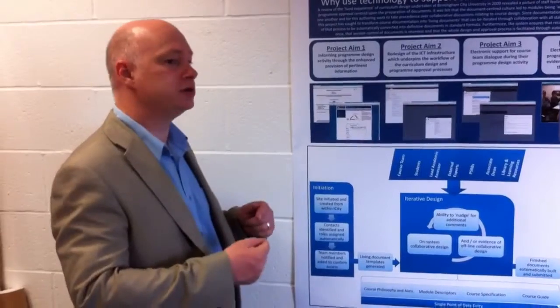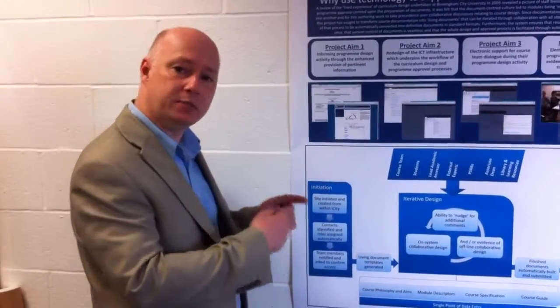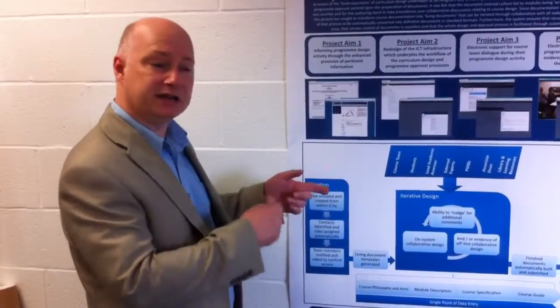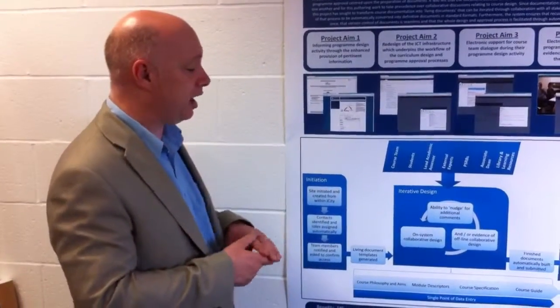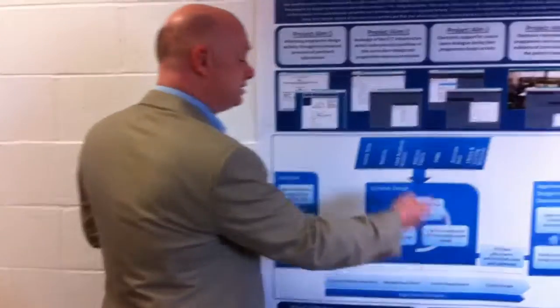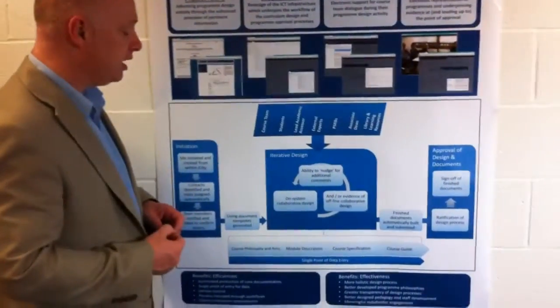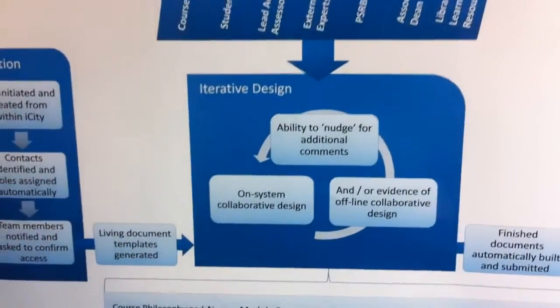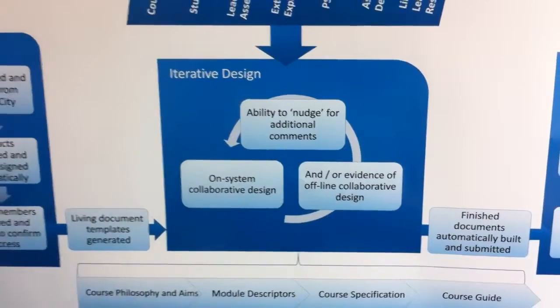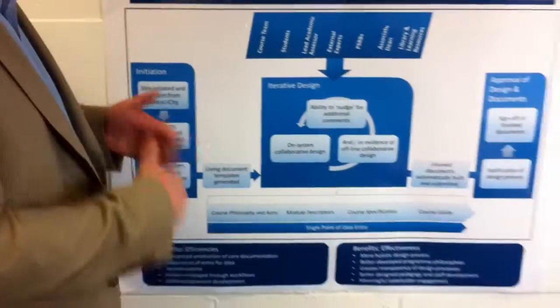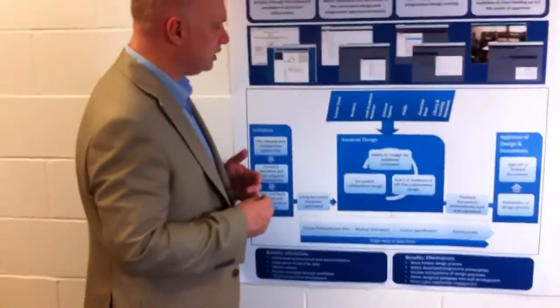By using such tools as embedded discussion forums and the ability to upload minutes of meetings, videos of meetings, audio of meetings, photographs, anything they like or that would help them, they begin to iterate the design of whichever document they work on. And within there's some nudge functionality. If you're not getting much input from some of your peers, you can elect to nudge them, and they'll get prompt emails in their inboxes asking them to engage in a specific way.